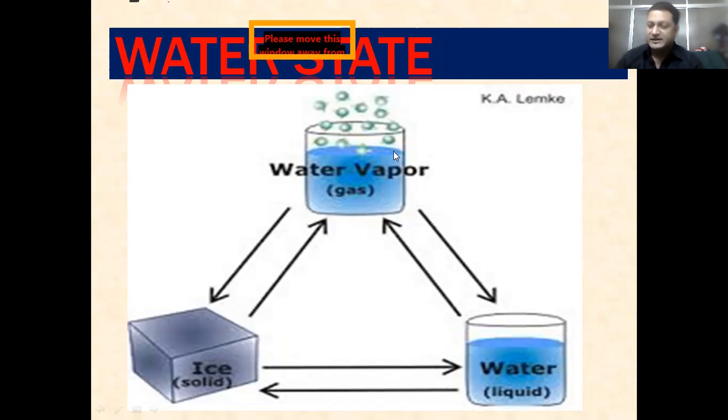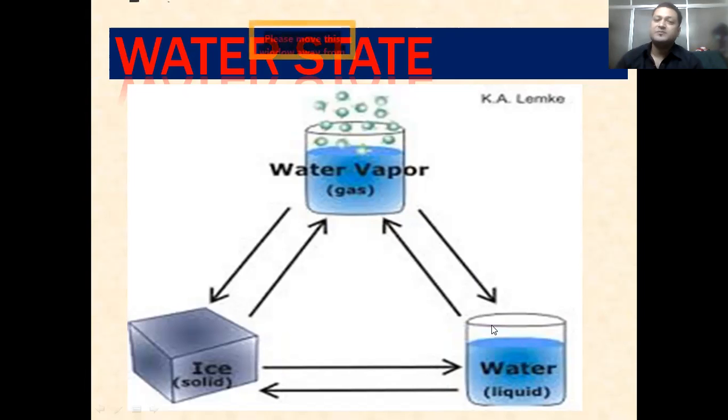Okay. After that, if you cool the water vapor or keep it in the refrigerator, at that time the water vapor is converted again to ice. Okay, so think about this. The whole experiment depends on the heat.